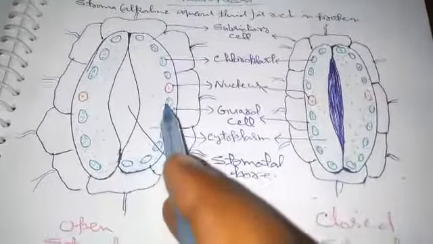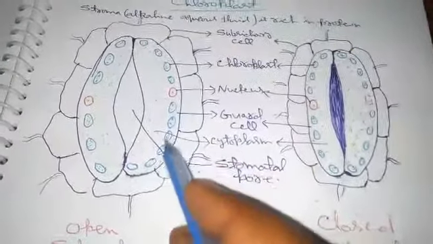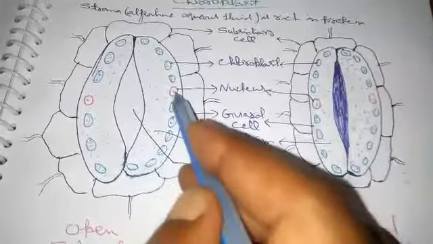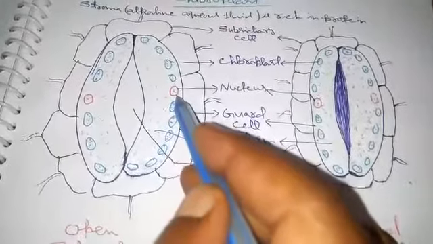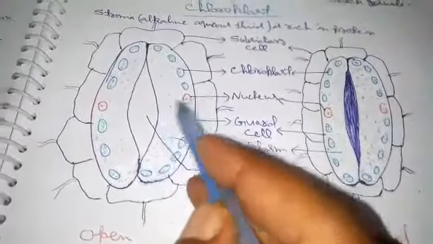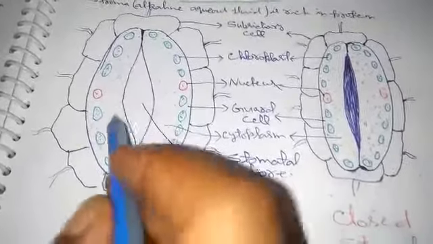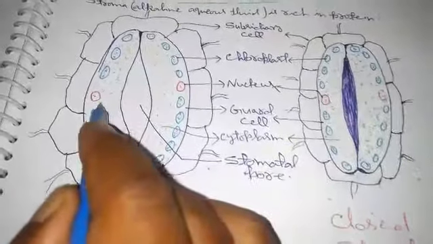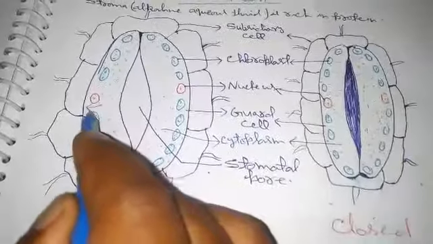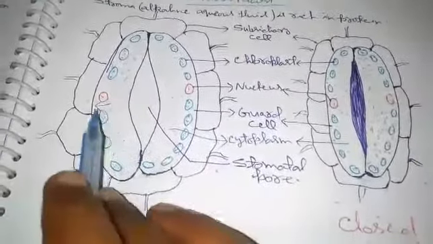Between the guard cells, chloroplast is present, and a small structure is present which is called nucleus. When water enters into the guard cell, pressure is created on the wall of the guard cell, then the stomata is open.